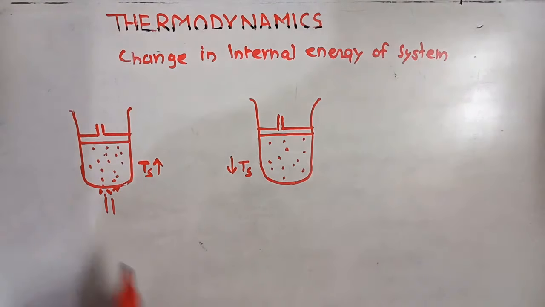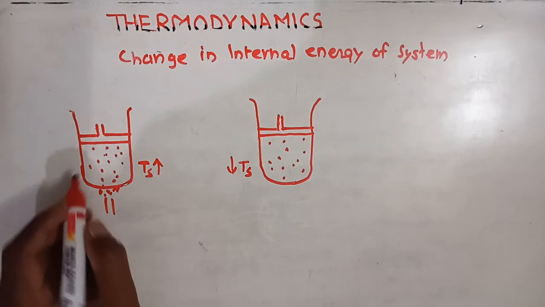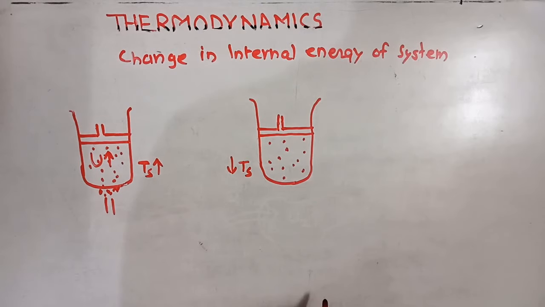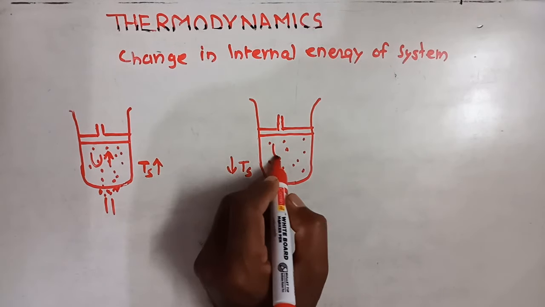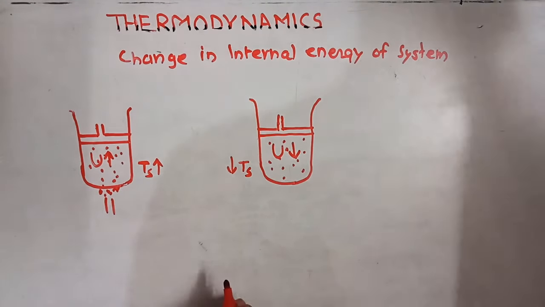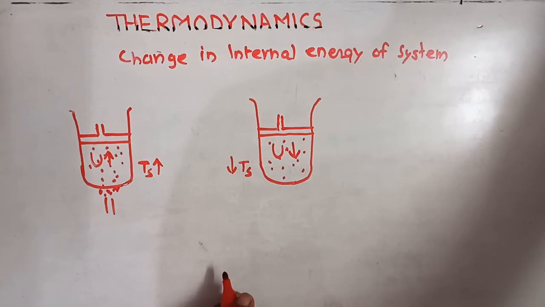When the temperature of this gas is increased, then its internal energy is also increased, and when the temperature of this gas is decreased by exchanging heat to the surrounding, its internal energy is also decreased. So this is one way to change the internal energy of a system, by adding heat or by removing heat from the system to the surrounding.